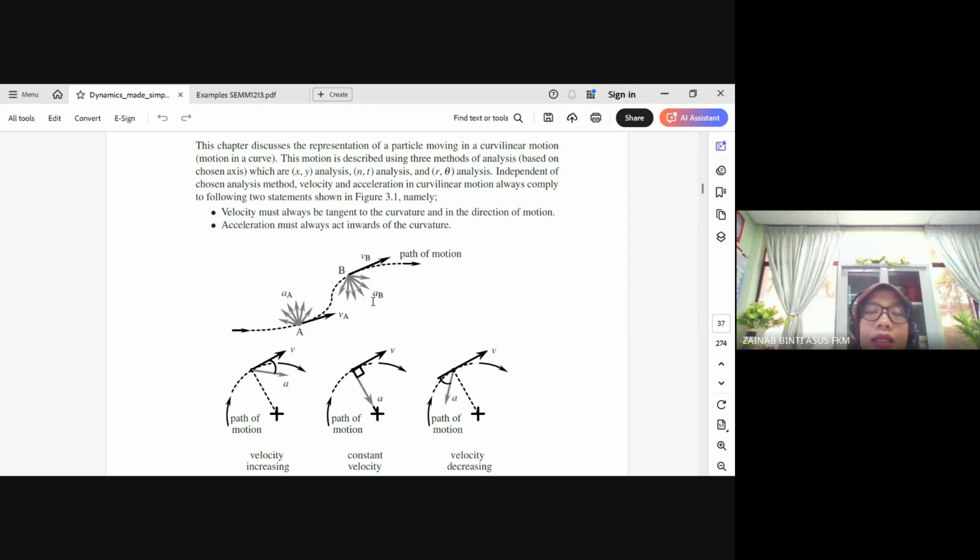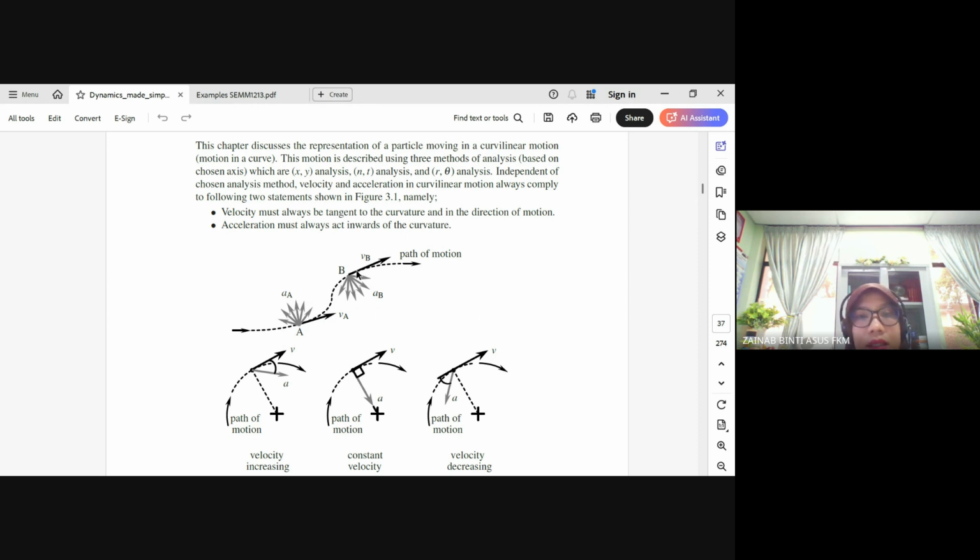And then the second statement: the acceleration must always act inwards of the curvature. The acceleration could take any angle, but you must know it must be inwards of the curvature. Let's say at A you have the curve like that, so your acceleration must be inwards, it must be moving inwards of the curve.